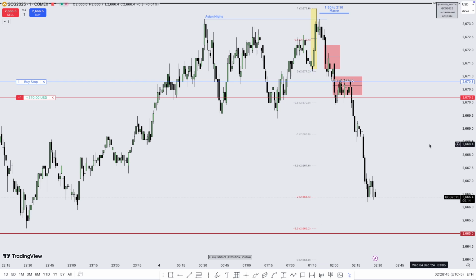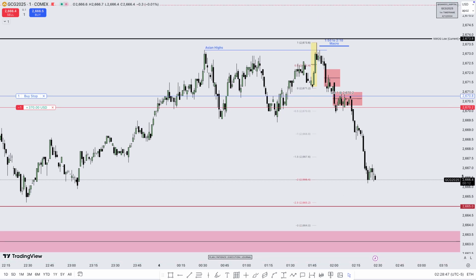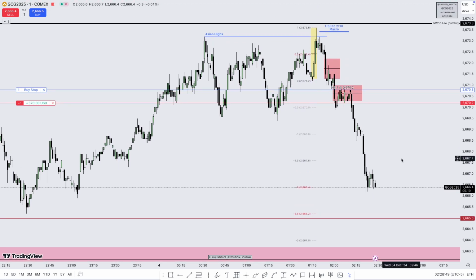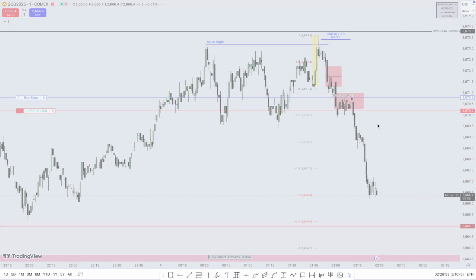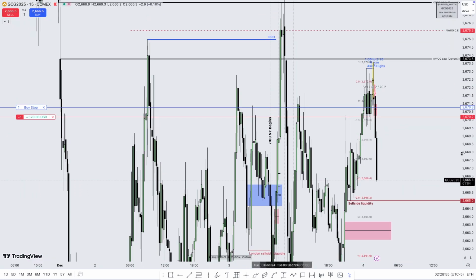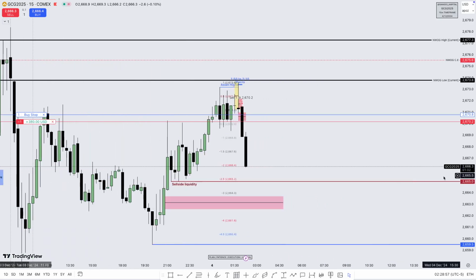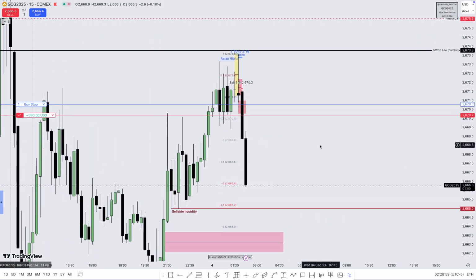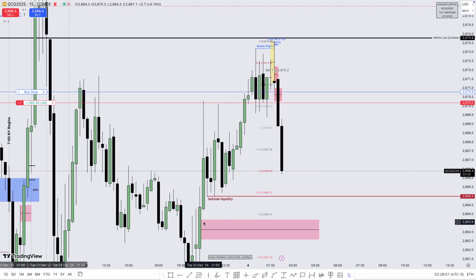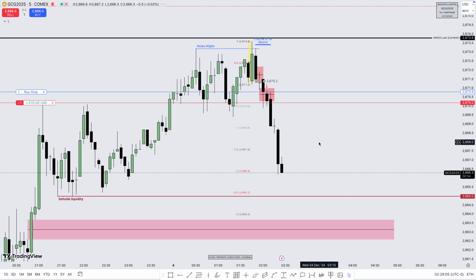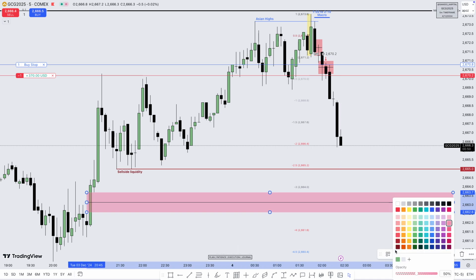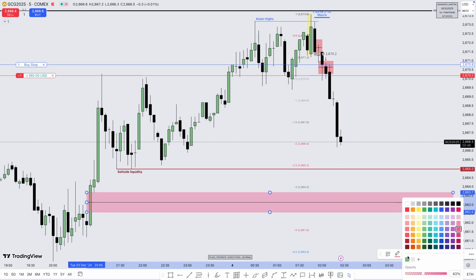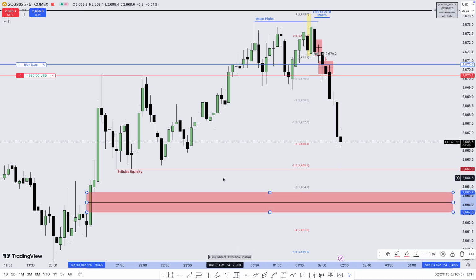Okay, I'm most probably gonna take something off here because on 5 minutes, sorry, it's on 5, not on 15, we have a fair value gap below here, which is where I actually wanna take something off from.